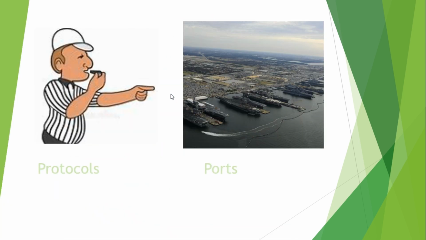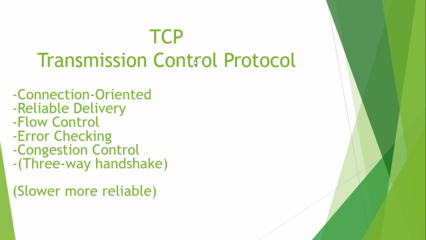Okay, so let's go back to TCP, which now we know is layer 4, the transport layer. This is a rule and regulation. It's like a rule book that tells you if you're using this protocol, this is how we function, this is how we roll. We have connection-oriented, reliable delivery, flow control, error checking, congestion control.